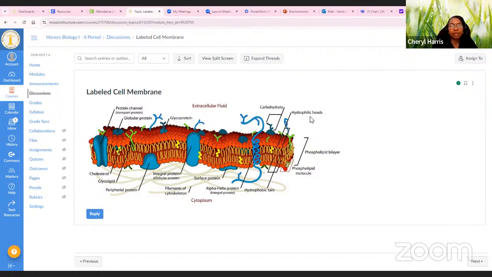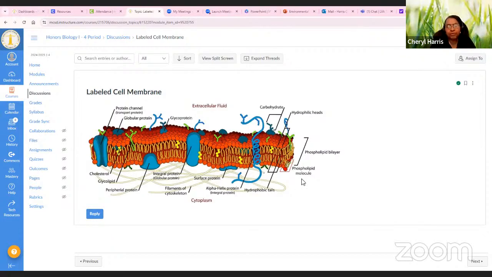If you took one of these little molecules, you have the hydrophilic heads, and I'm looking at the right side of the molecule right now. The hydrophilic heads are the ones that like the water, so on the outside, they attract the water.